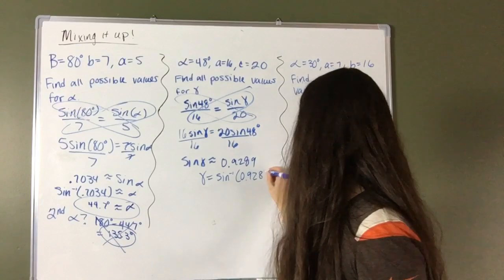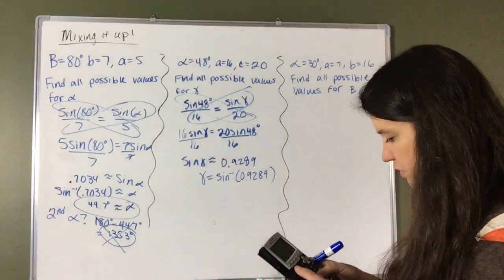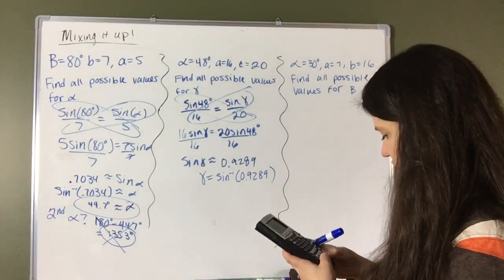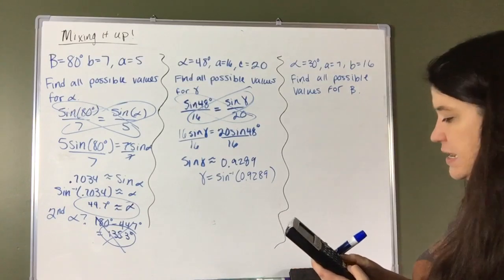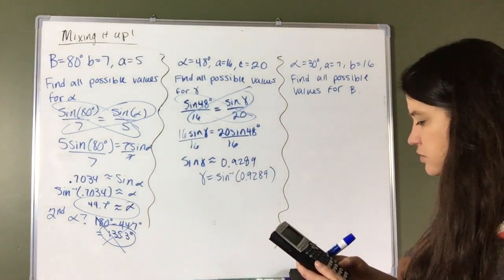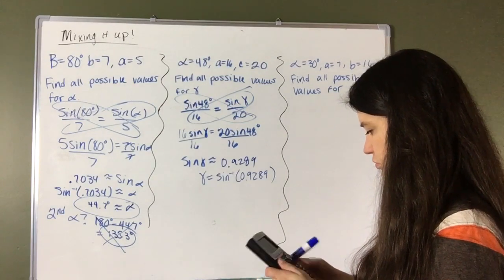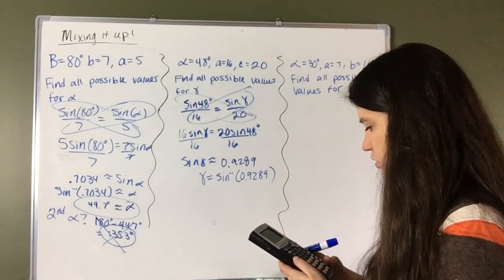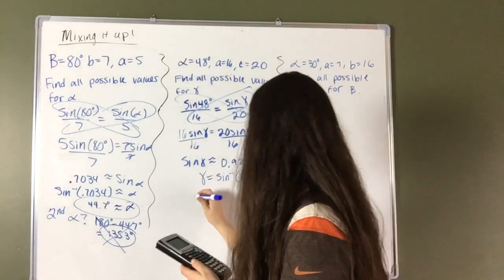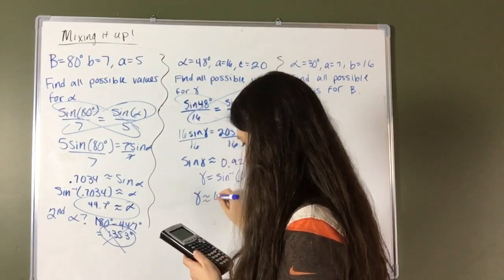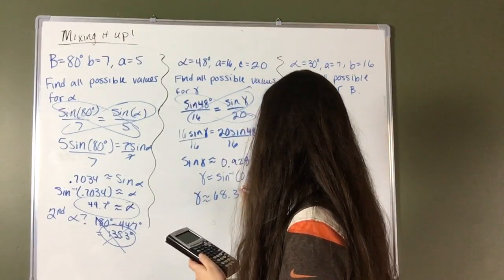Okay, to solve for gamma, we take the arc sine of that number. So arc sine of 0.9289 is 68.3 degrees approximately.